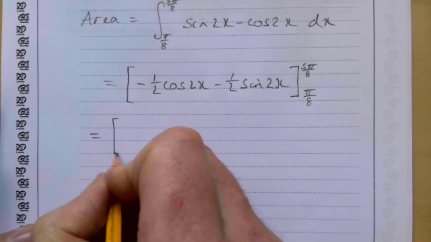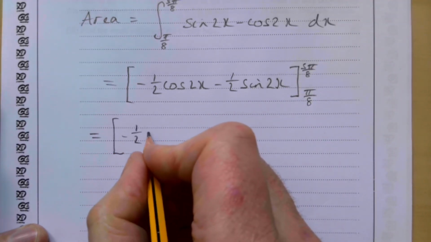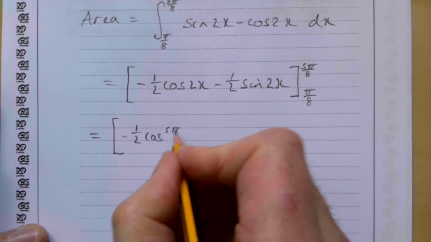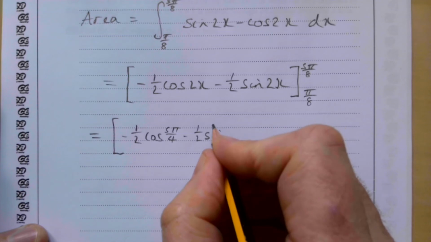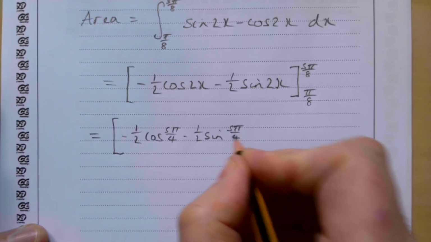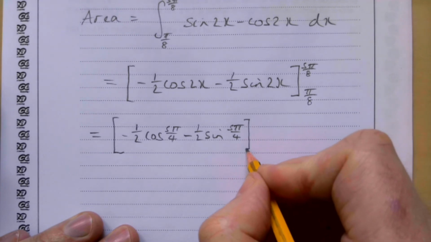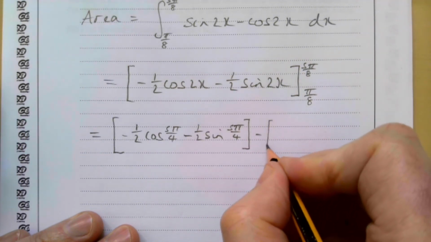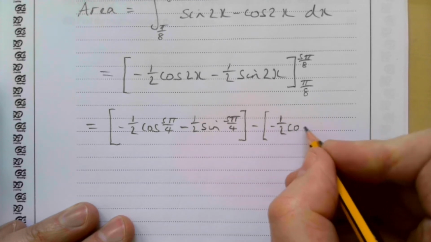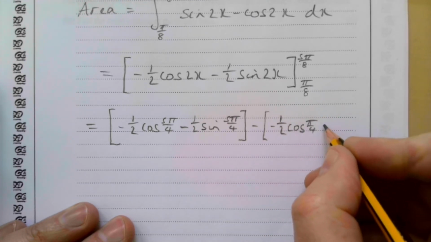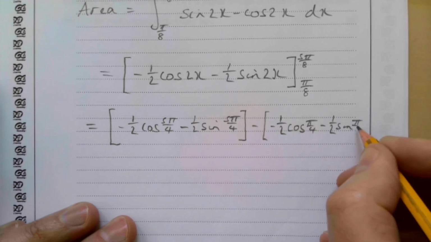Substituting this in then, so the 5 pi over 8 is going to be minus a half cos 5 pi over 4 minus a half sine 5 pi over 4, minus, minus a half cos pi over 4 minus a half sine pi over 4.